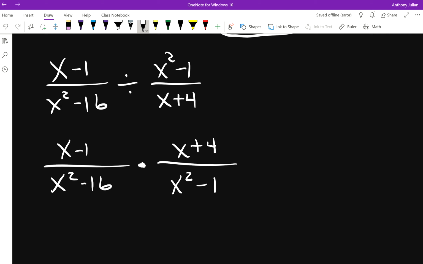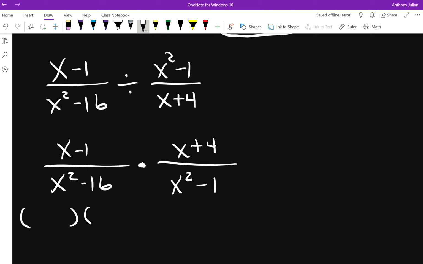Okay, and now I've got some factoring to do. When I see these quadratic expressions, I can factor those. Let's do x squared minus 16. That's a difference of two squares.